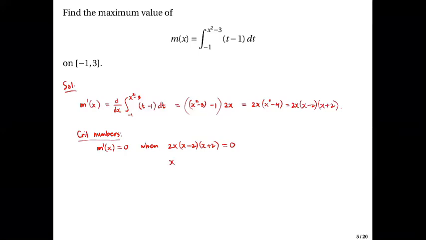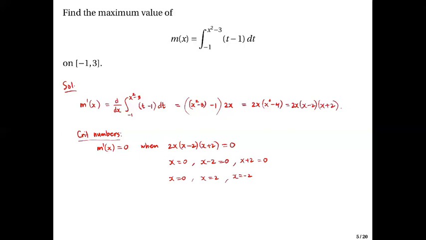So x equals 0, x minus 2 equals 0, x plus 2 equals 0, or x equals 0, x equals 2, x equals negative 2. So we have 3 candidates for the maximum value.